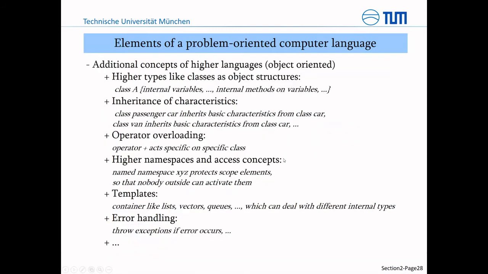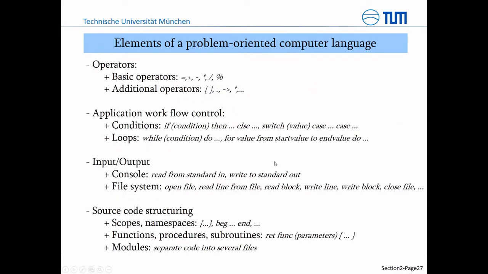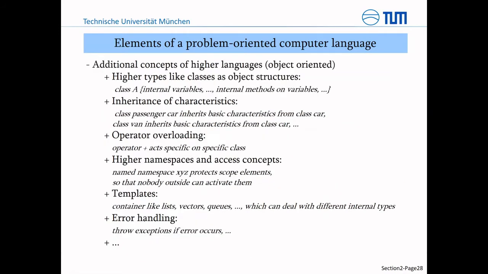And then the rest, so if we go back, for example, all programming languages have this memory, operators, application workflow, input output, and basic source structuring, and the rest is then just based on specific, let's say, structuring mechanisms, which are then extended to have a different scoping or a different view onto special pieces of the code.